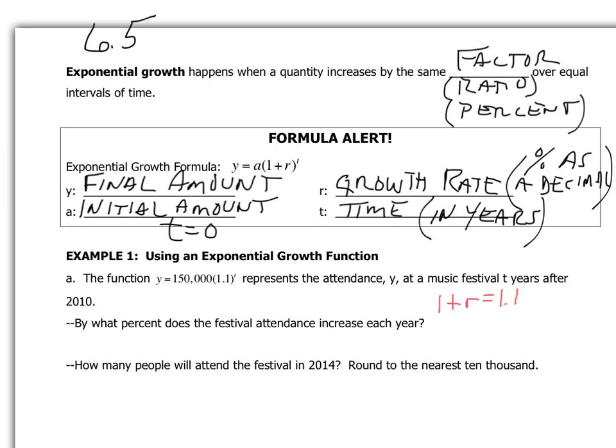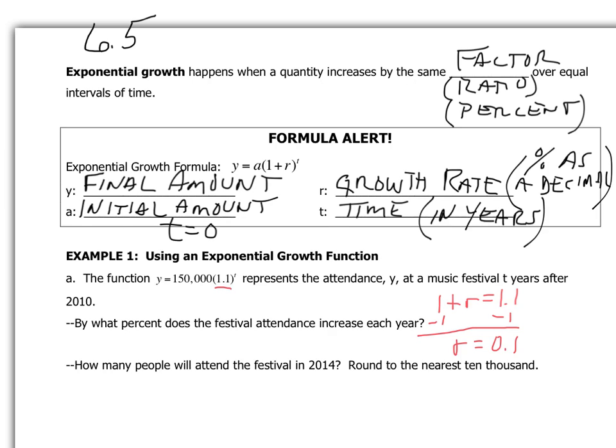Well, the growth factor, which is 1 plus r, is 1 plus the growth rate. And we know from the model that this growth factor is 1.1. So if I make the equation 1 plus r equals 1.1, and I simply subtract 1 from both sides, I solve for r equals 0.1.